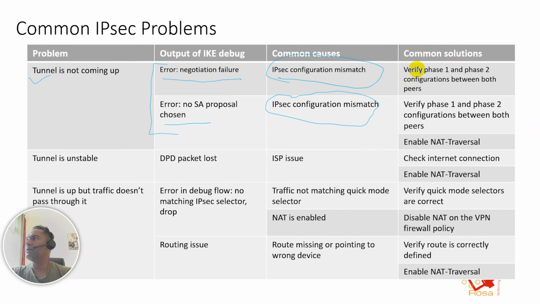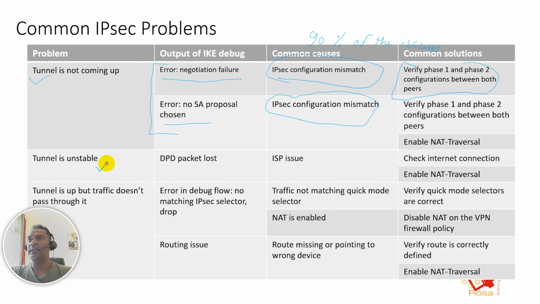In both these scenarios, you have to verify the phase 1 and phase 2 parameters, and 90% of the issues get resolved by properly validating the configuration between the client and the server.